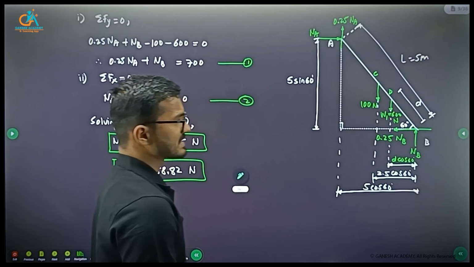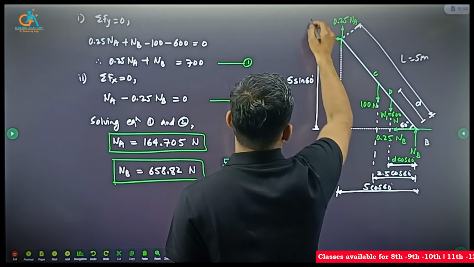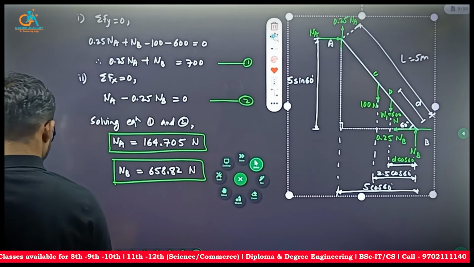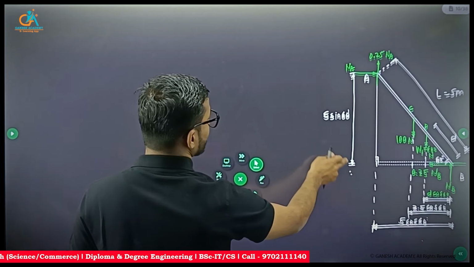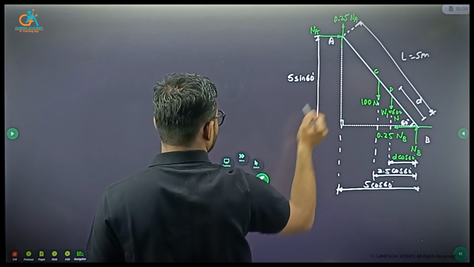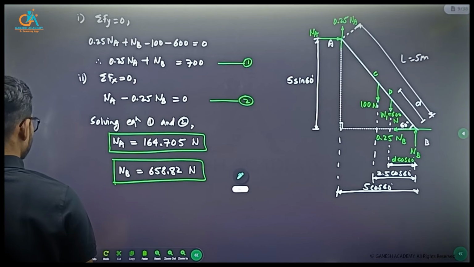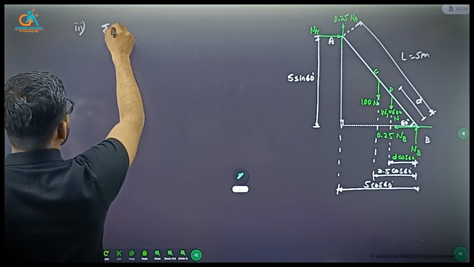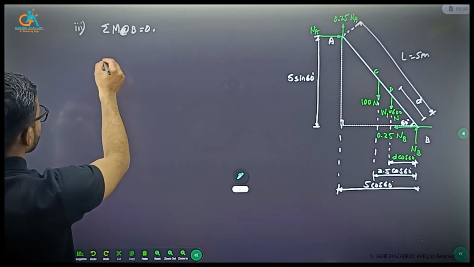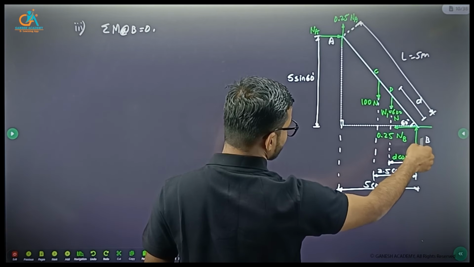So in order to get the distance D, at this particular point moment at B for NB and 0.25 NB forces is 0.